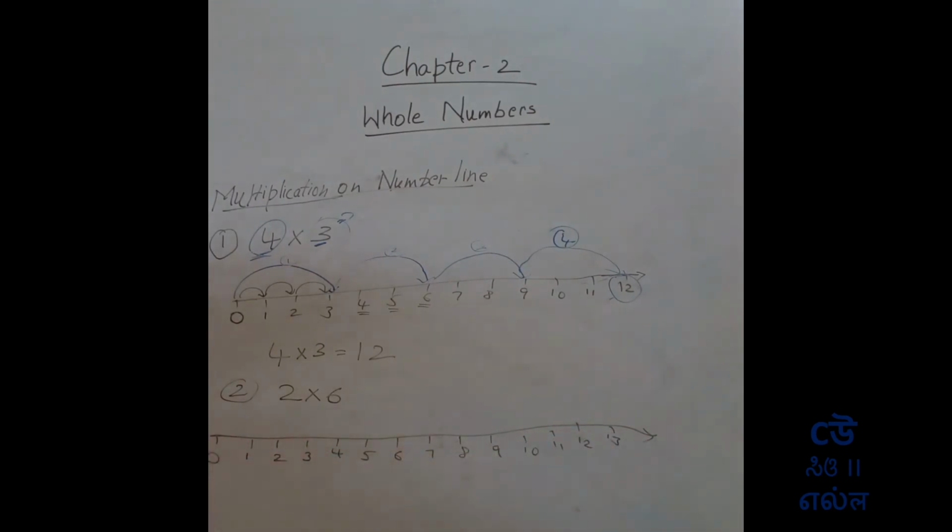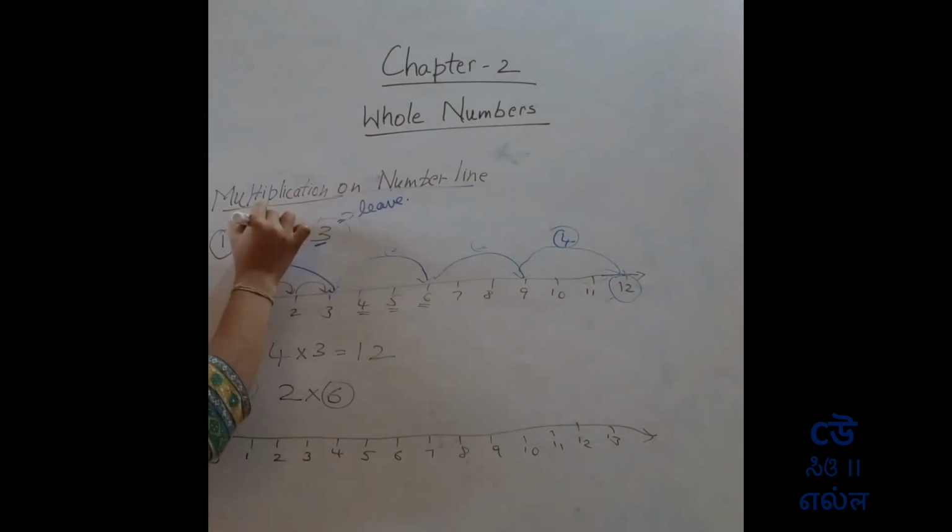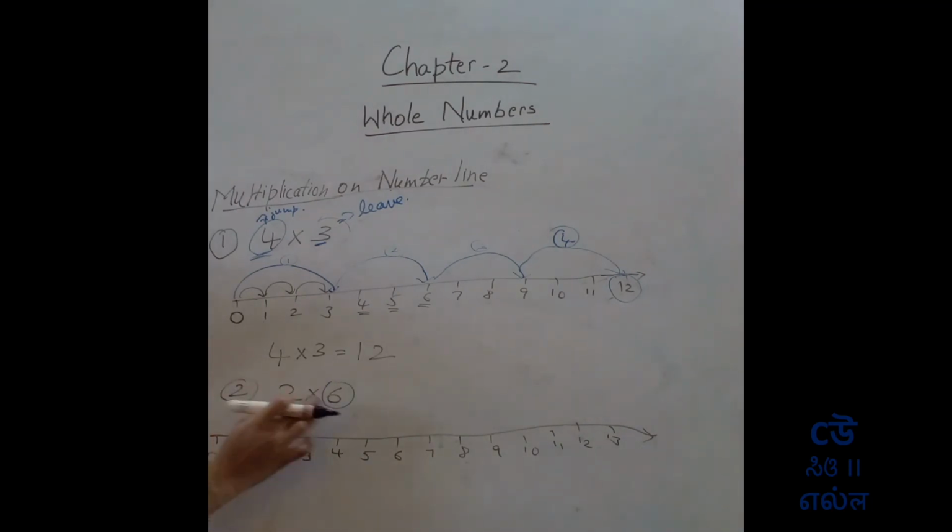Next, here they asked 2 into 6. So, how many numbers do we have to leave? See, these numbers we have to leave, and these numbers we have to jump. Keep this in mind. So, 6 numbers we have to leave.